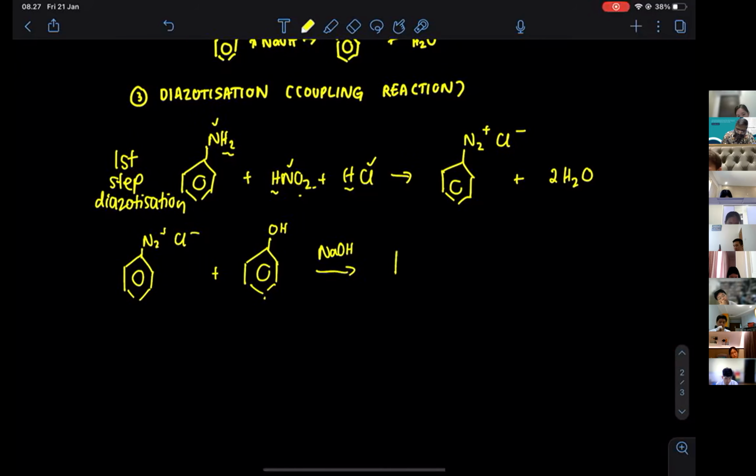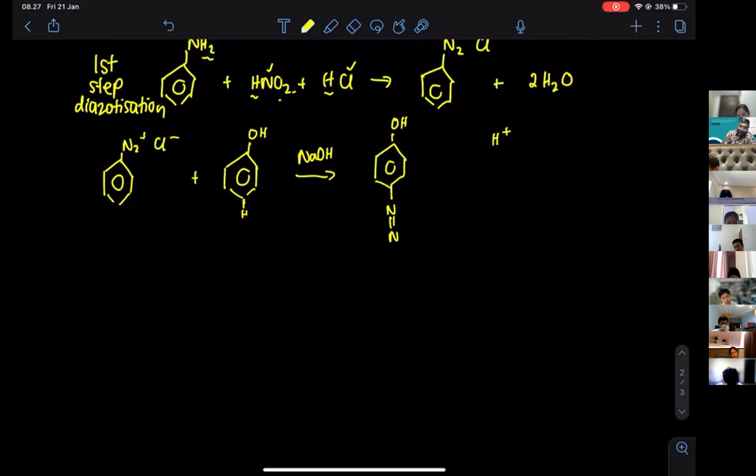If I draw, I can just draw phenol like this, which used to have hydrogen. Now this hydrogen is going to be substituted. The hydrogen comes out, substituted by the N, which is going to be an electrophile.